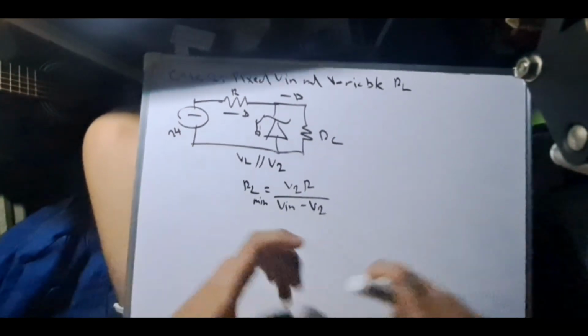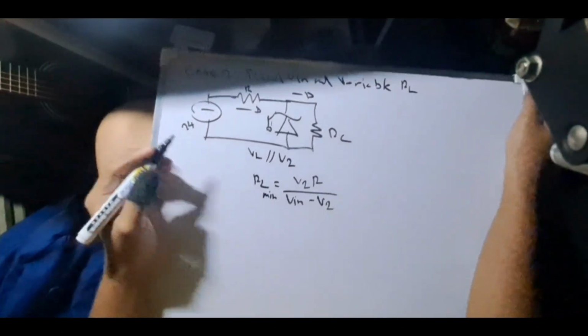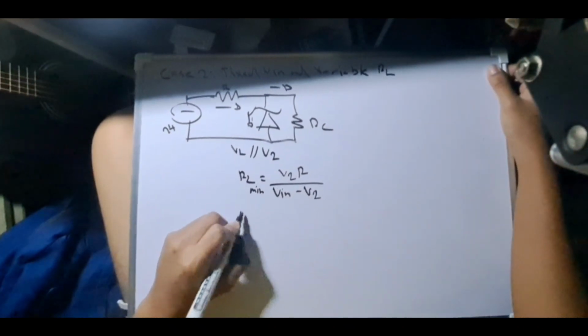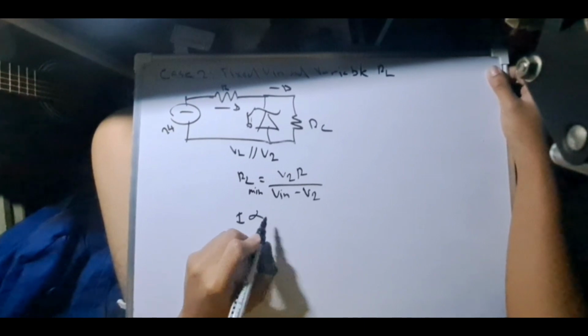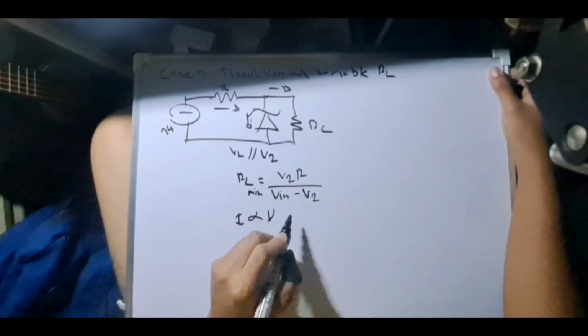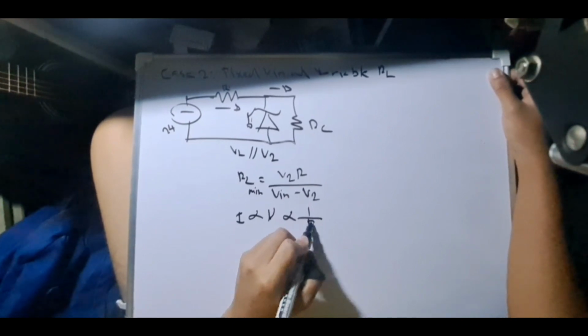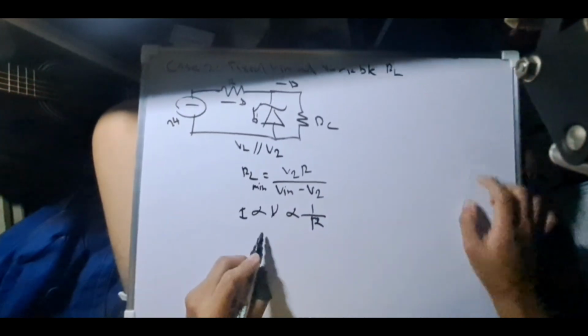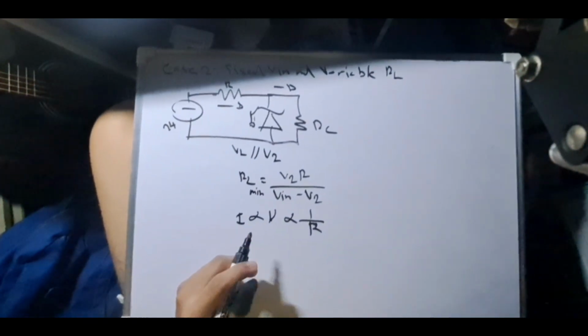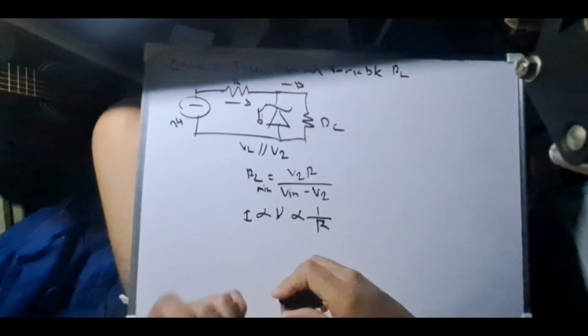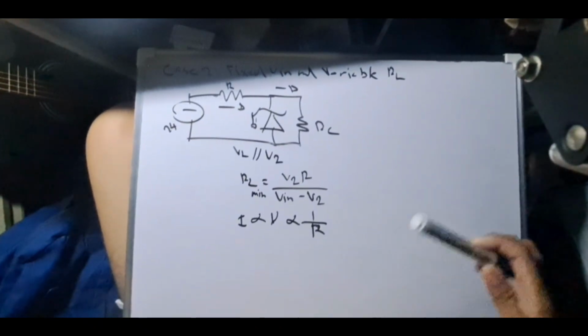From Ohm's law, current is proportional to its EMF value but inversely proportional to its resistance. The alpha symbol denotes direct proportionality.